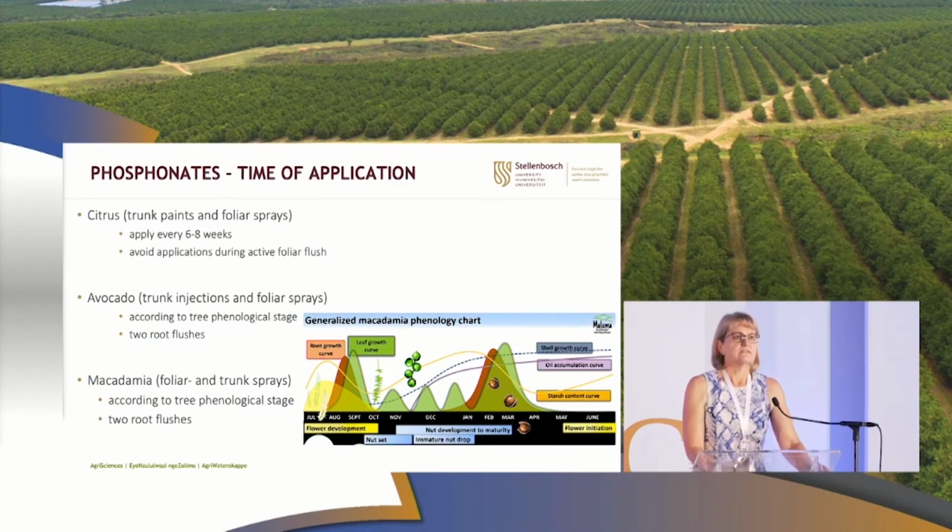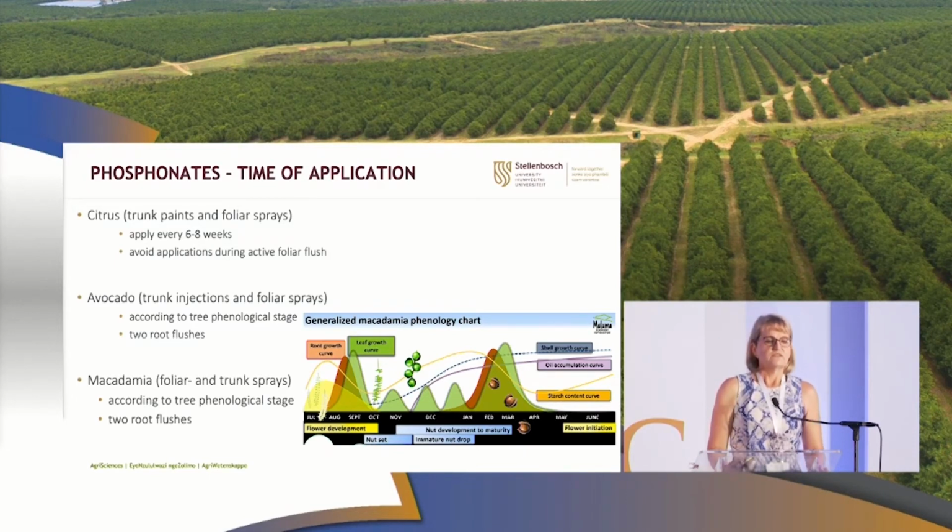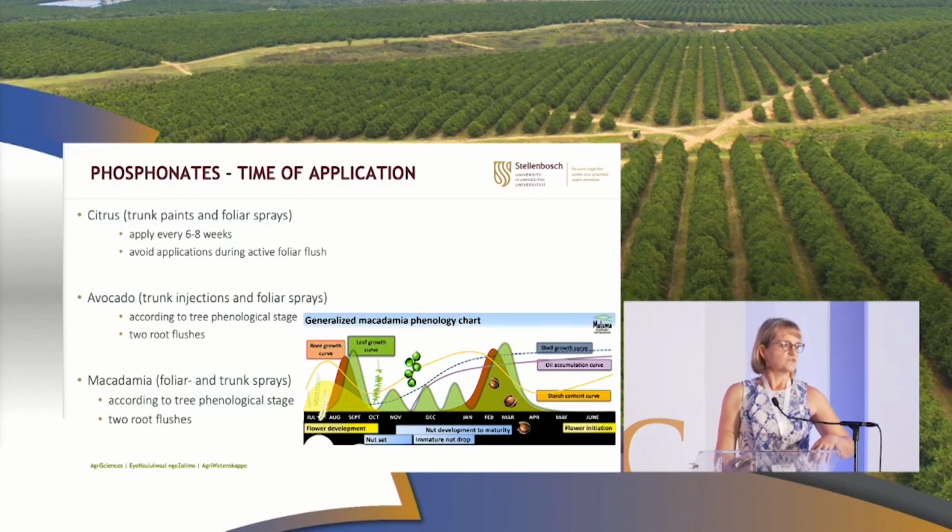If we look at the time of application for your phosphonates, it's interesting that it differs on the different crops. In citrus, it's applied every 6 to 8 weeks and not applied when you have an active flush, because then all of the phosphonate will go to the active flush and not to your roots and your trunk at the bottom where you want it to protect the tree.